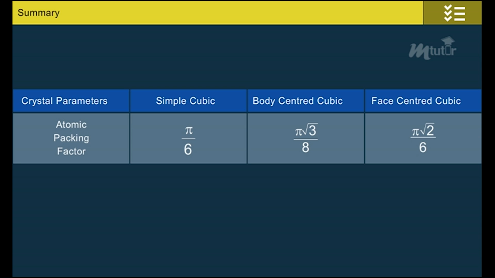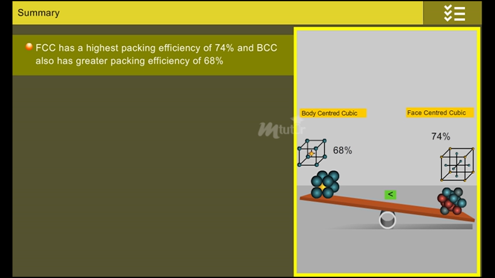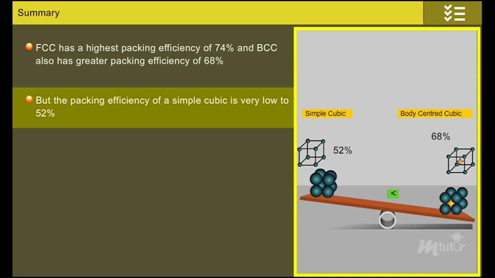Body-centered cubic has a packing factor of pi into square root of 3 by 8. Face-centered cubic structure has a packing factor of pi into square root of 2 by 6. FCC has the highest packing efficiency of 74% and BCC also has a greater packing efficiency of 68%. But the packing efficiency of a simple cubic is very low, at 52%.